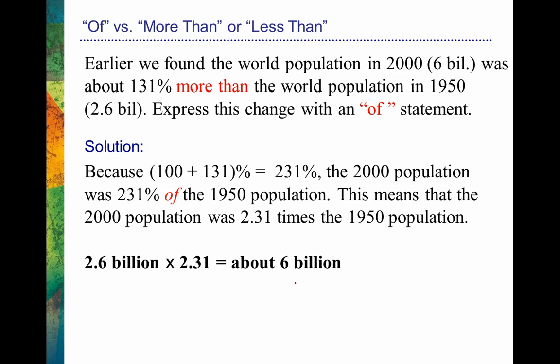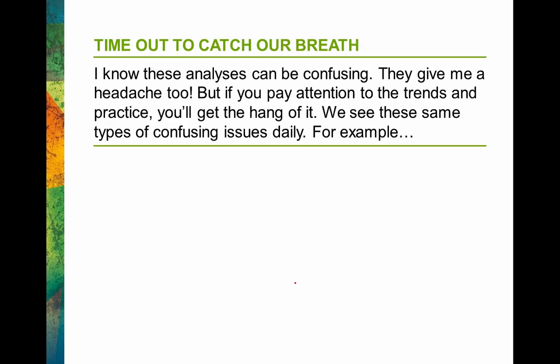All right, so again, these are subtle differences in the way that our results are worded, but we want to understand them so that we can understand results that are presented to us and so that we can present results in a fair way. Now that was quite a lot to take in, so let's catch our breath for a second. I know that these analyses can be confusing. They confuse me too when I'm working on them.